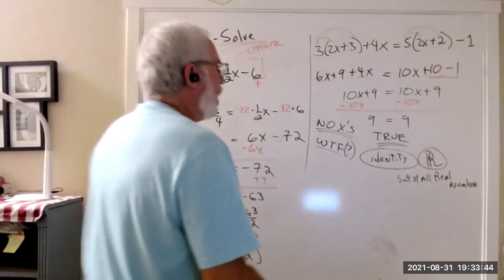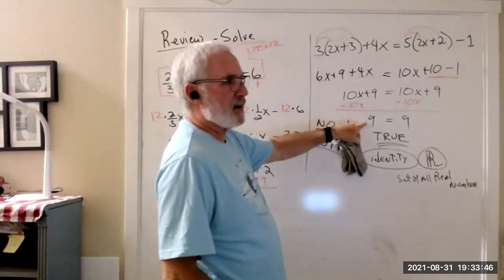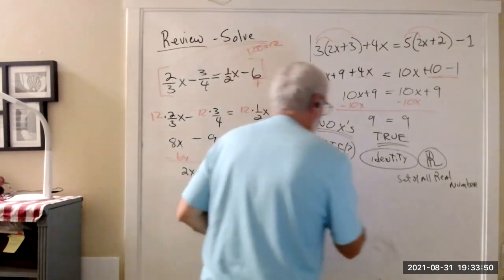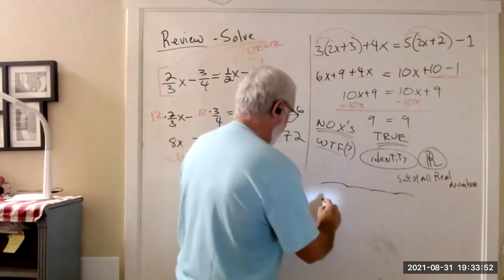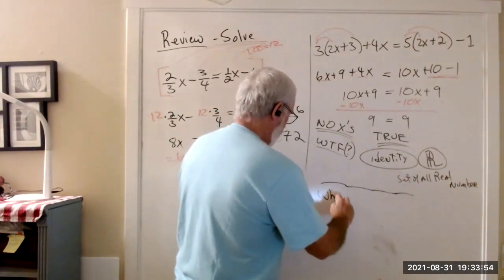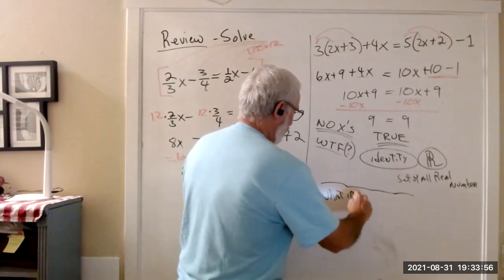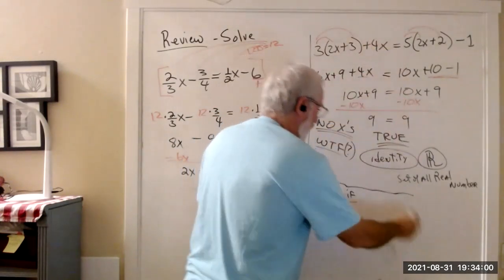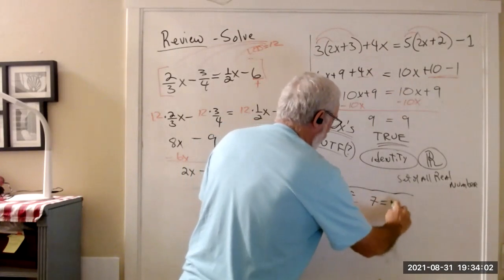Yes. All right. On this problem, back here, jumping back to here, guys, what if, sounds like I'm watching a Disney movie here, what if we had done this whole problem and you got 7 equals 9?